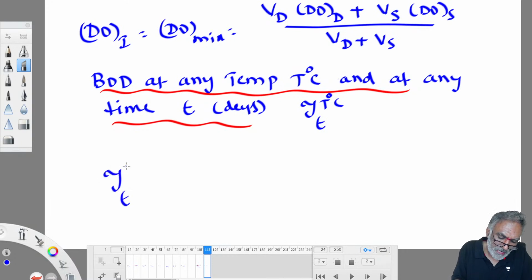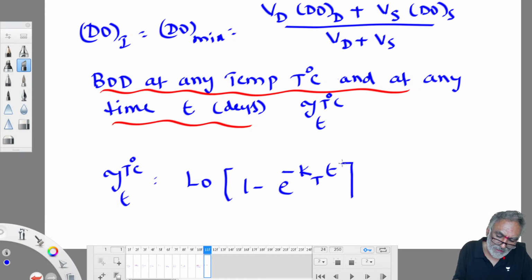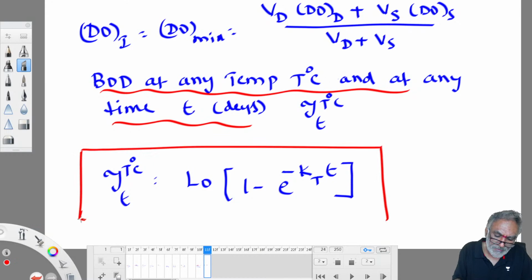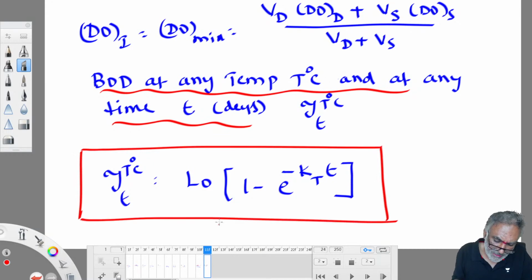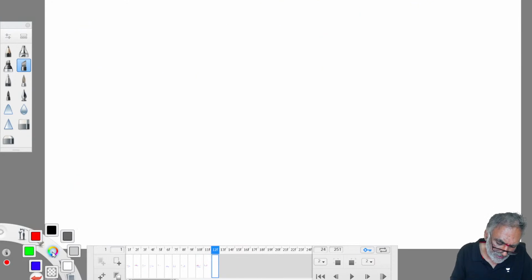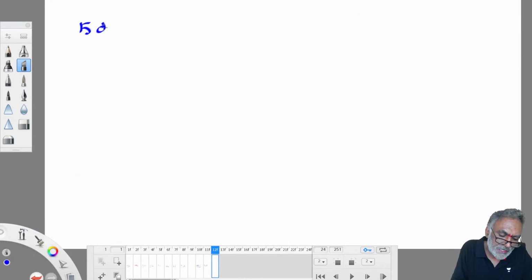So BOD at any time, at any temperature, is equal to L0 into (1 minus e power minus kt) into t. Using this expression you can work out BOD at any time and any temperature. To find out the constants L0 and kt, you require one laboratory data. Therefore, this is equated to 5-day BOD at 20 degrees Celsius.